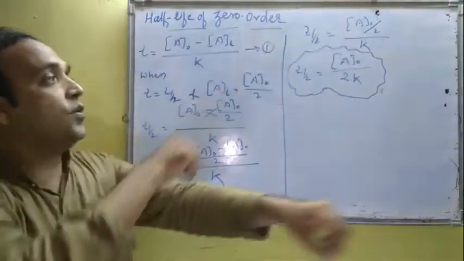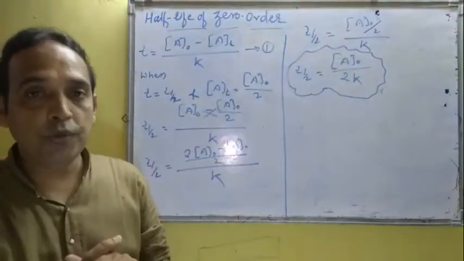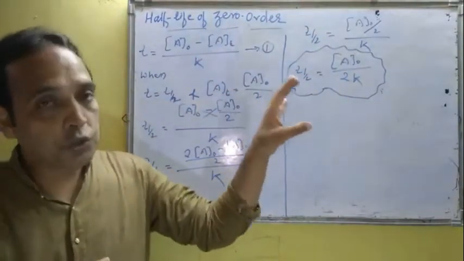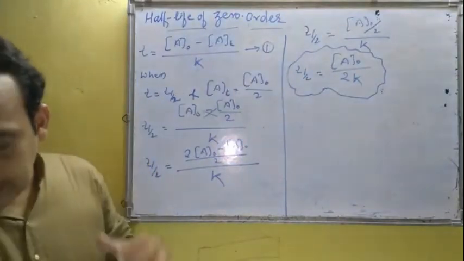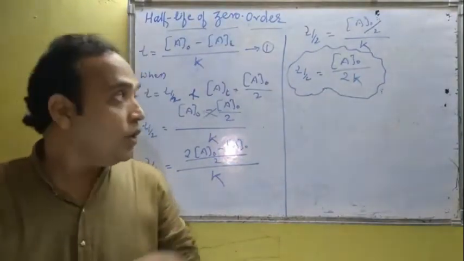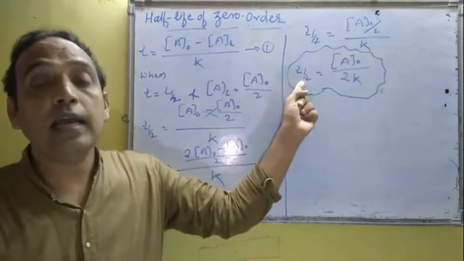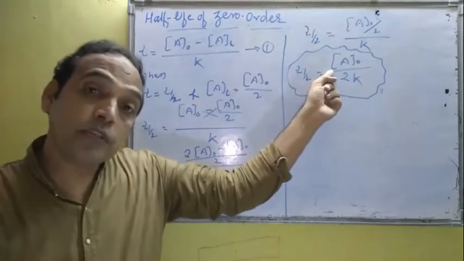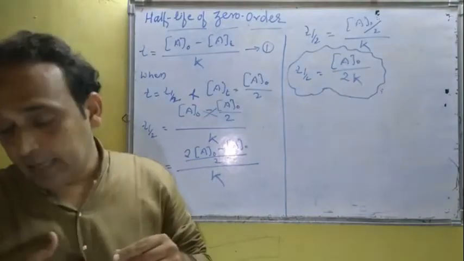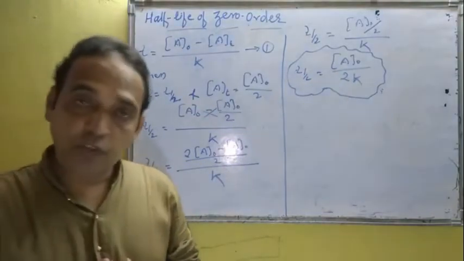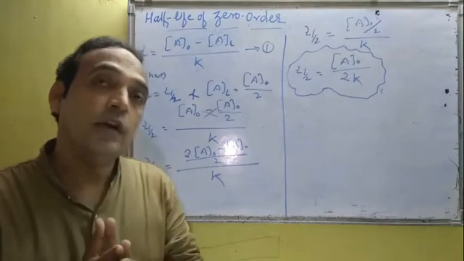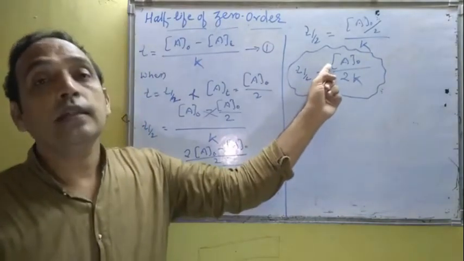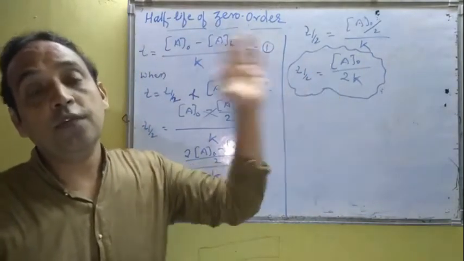T half is equal to A0 by 2K. This equation shows that the half-life of zero order reaction depends upon the concentration of reactant, that is, it is proportional to the initial concentration of reactant.